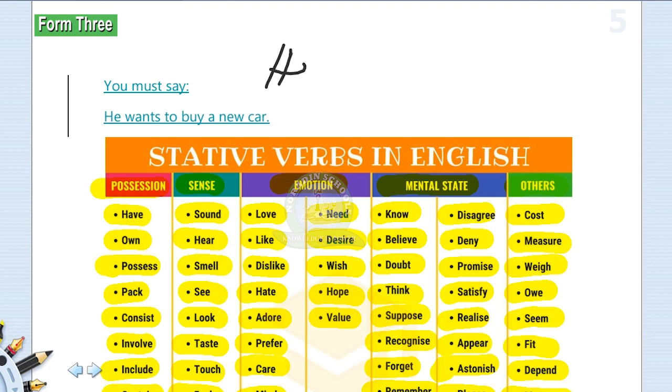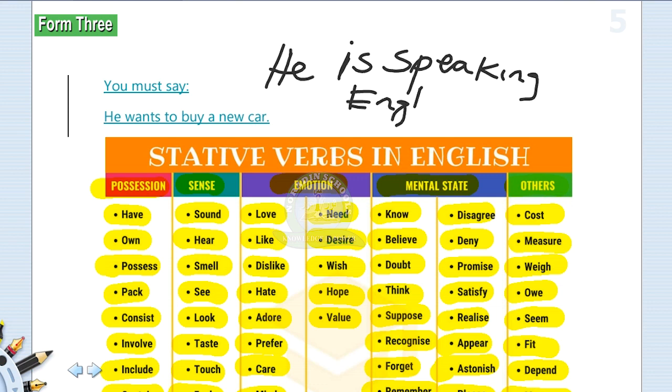Look, I wrote this. He is speaking English. I wrote he is speaking English here. If you are asked to change this active, he is speaking English, how will you answer this?